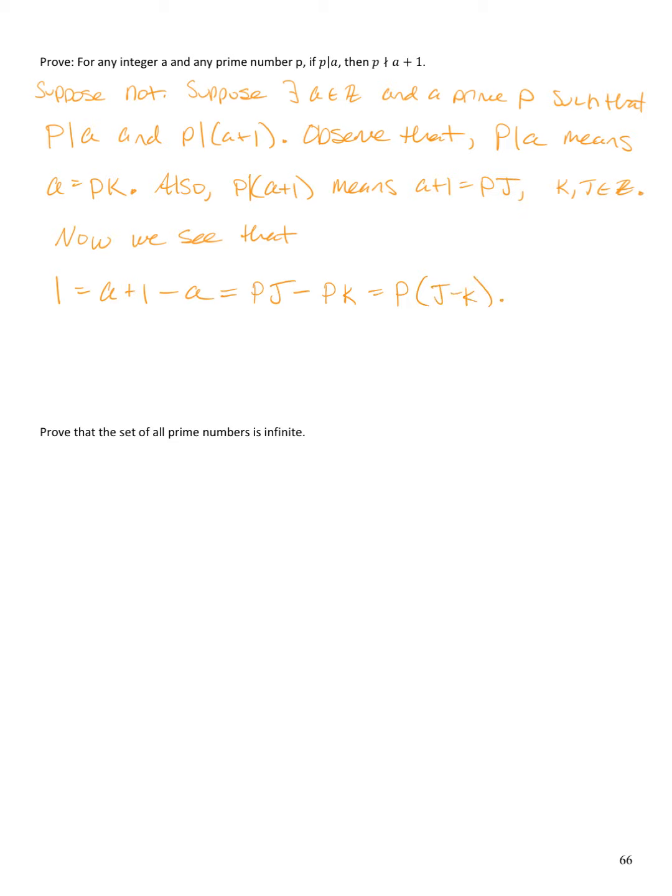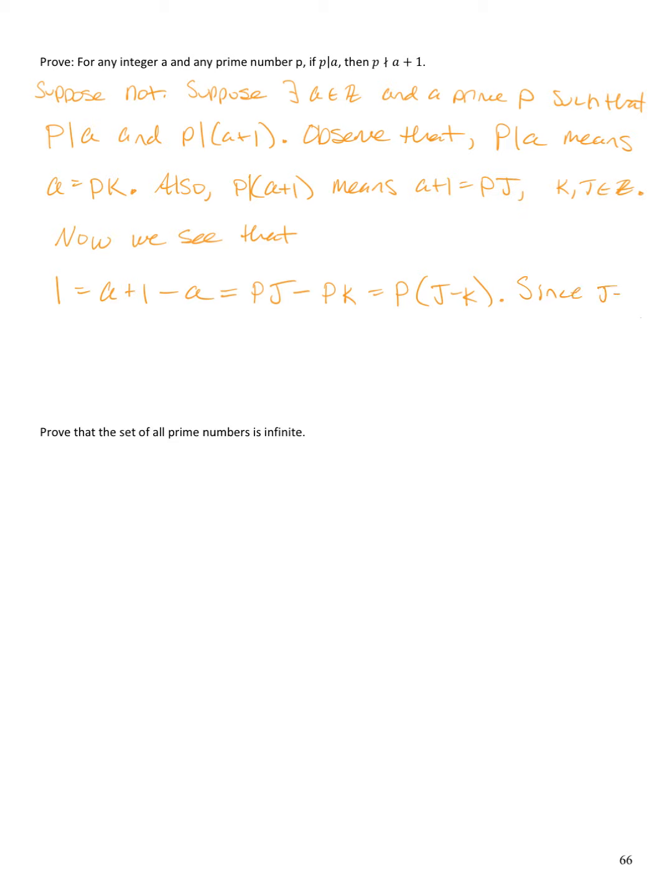And j minus k is an integer, so this tells me that 1 can be divided by p, that 1 is a multiple of p, or that p divides 1. Okay, so let's write that out.